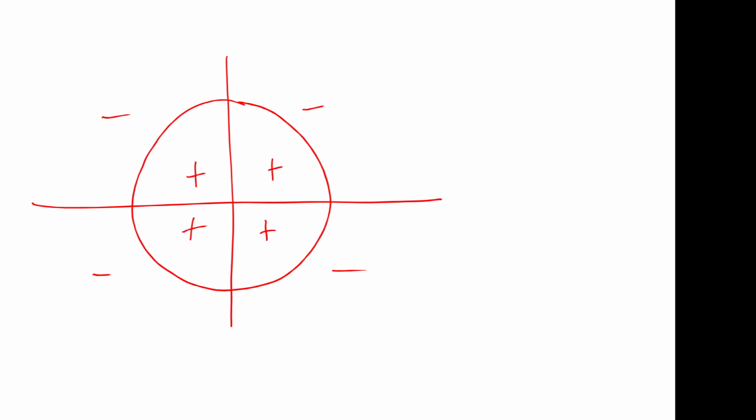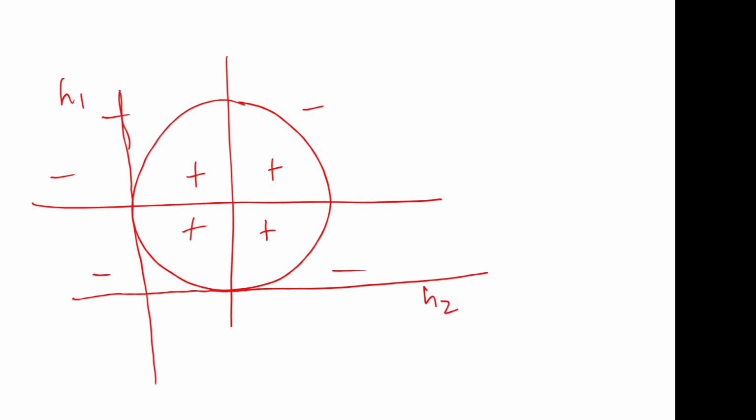And the most logical thing that I can come up with is, why not just put it inside a box, right? So this is my H1. Everything on this side is negative and this side is positive, right? And then maybe my H2. Call this H2. So again, everything here is positive, the other side is negative.